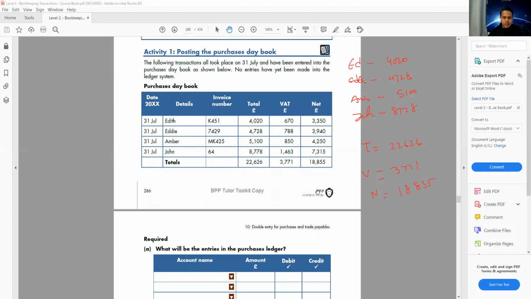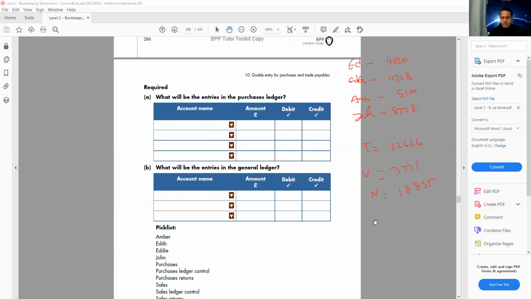Let's do this one now. So the first one we have purchase ledger. Purchase ledger means the individual ledger account. We have to do it for every single supplier, the way we did for the sales ledger, every single credit customer. Purchase ledger, every single credit supplier.